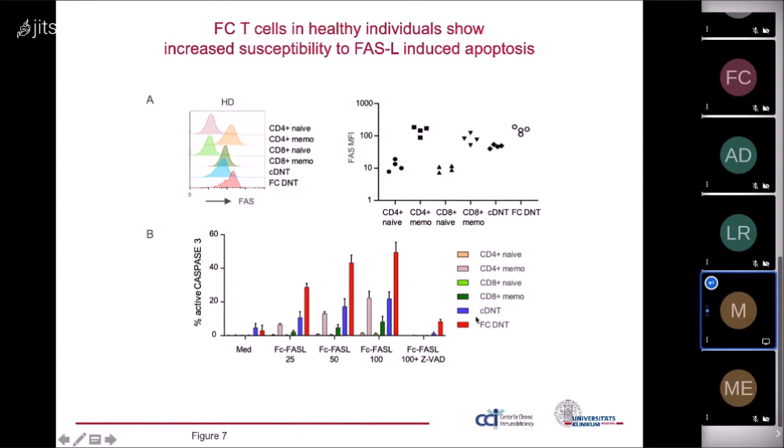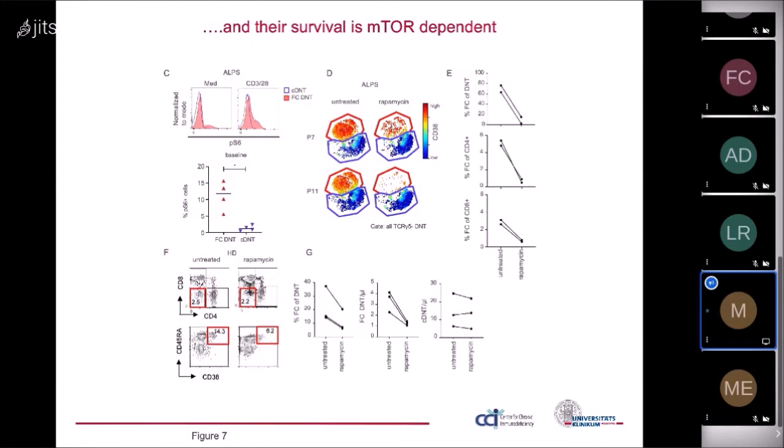Another thing we knew already from previous studies is that ALPS DNT, so DNT in ALPS patients, are mTOR dependent. And this is something we know also very well from the clinic, because ALPS patients are mostly treated with rapamycin for their lymphoproliferation. But the question we had was if this mTOR dependence was actually specific for FC-DNT.